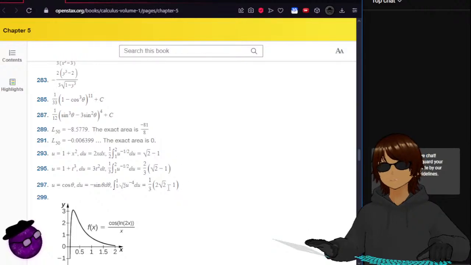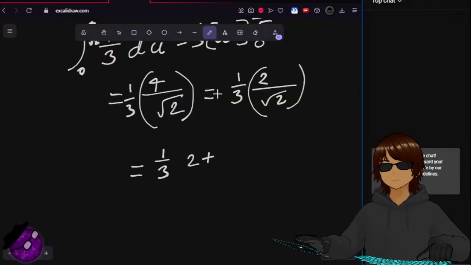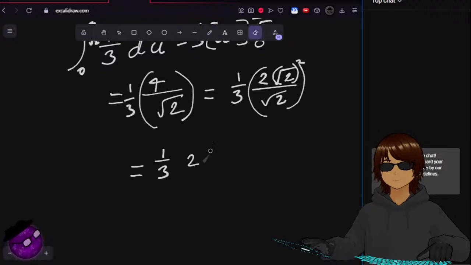Two root 2 minus 1. Wait, 4 is like this. 2 times 2 basically, and then one of the root 2 will cancel out, so you're left with root 2.